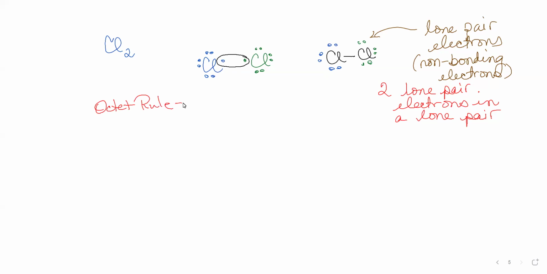And in general, what it says is that atoms will either transfer or share electrons. So the transfer would be like your ionic bonds. The sharing electrons would be your covalent bonds.